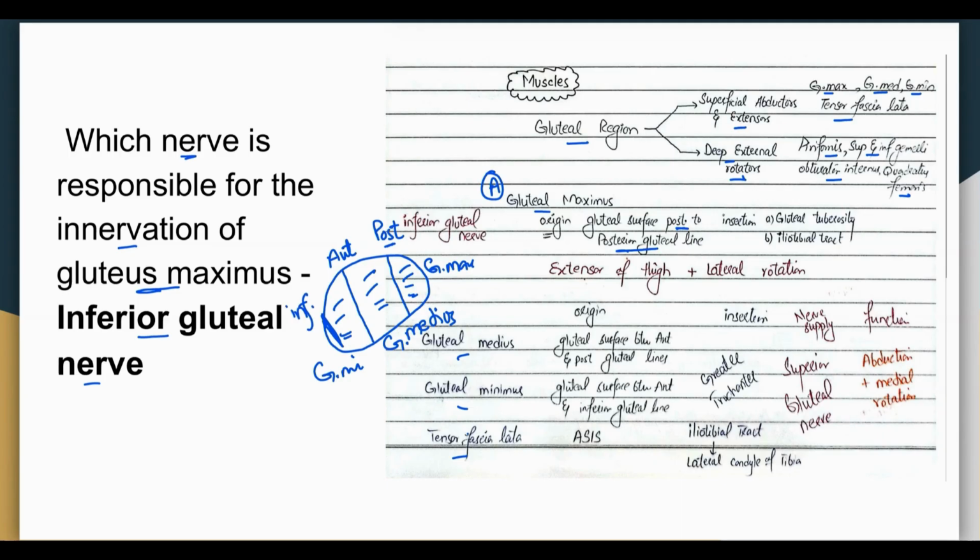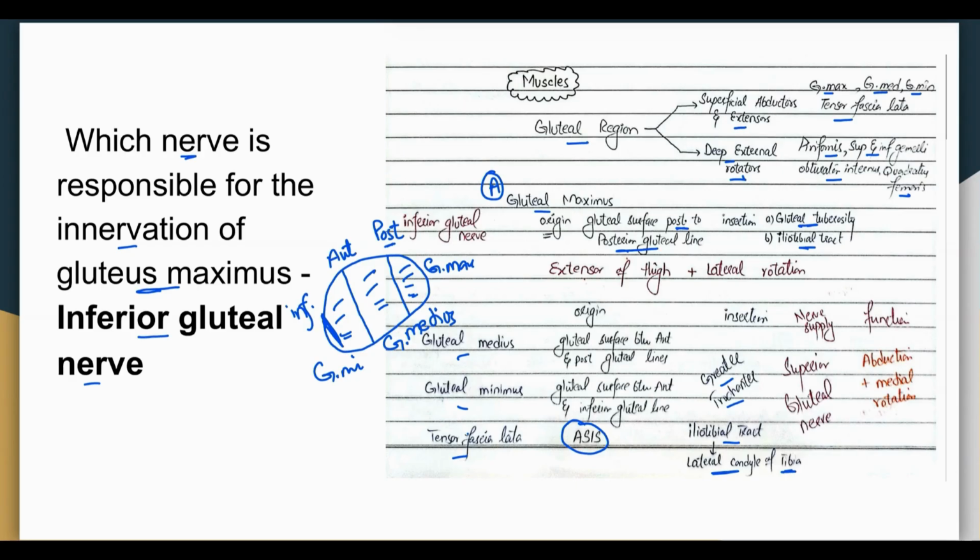So gluteus maximus inserts at the gluteal tuberosity and the iliotibial tract, whereas the gluteus medius and minimus insert on the greater trochanter alone. Tensor fascia lata inserts on the iliotibial tract, and that iliotibial tract is specifically inserted onto the lateral condyle of the tibia. Tensor fascia lata originates from the anterior superior iliac spine.